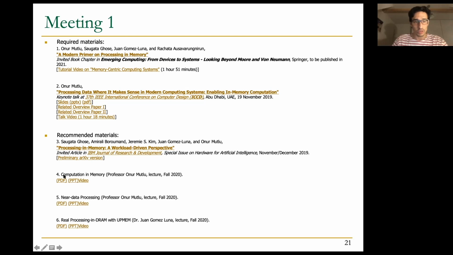This in particular, computation in memory and near data processing. And I finally added this real processing in DRAM with UPMEM, which is a short lecture that I gave to introduce the UPMEM architecture. So all of these are, I believe, very interesting and useful materials for you to have the necessary background on processing in memory before you start working on your own project.